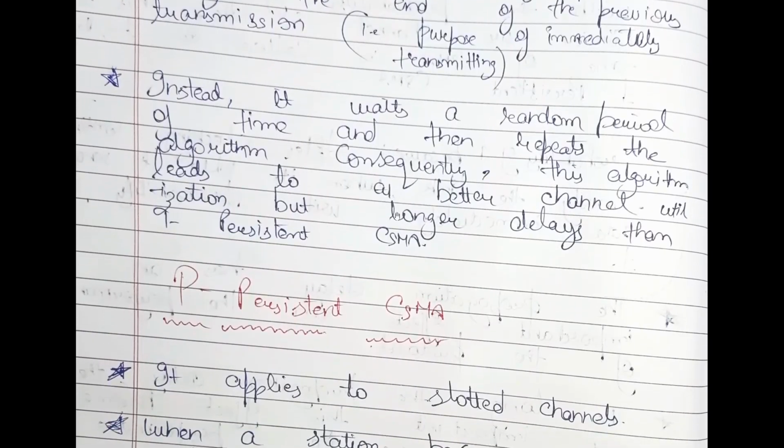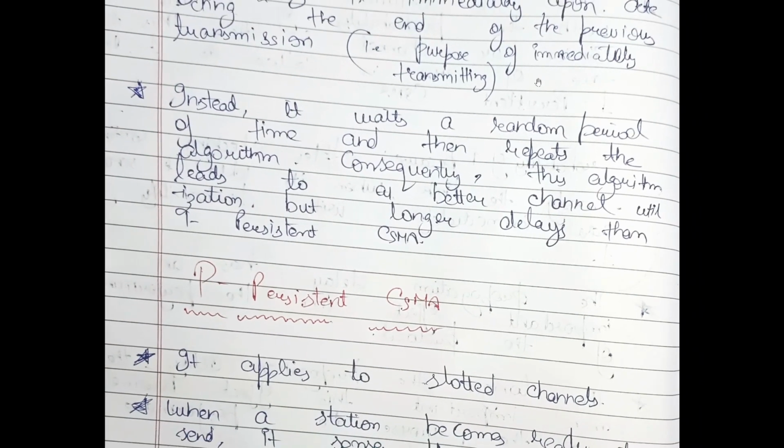Instead, it waits a random period of time and then repeats the algorithm. Consequently, this algorithm leads to a better channel utilization, but longer delays than one persistent CSMA. That is pretty much certain.